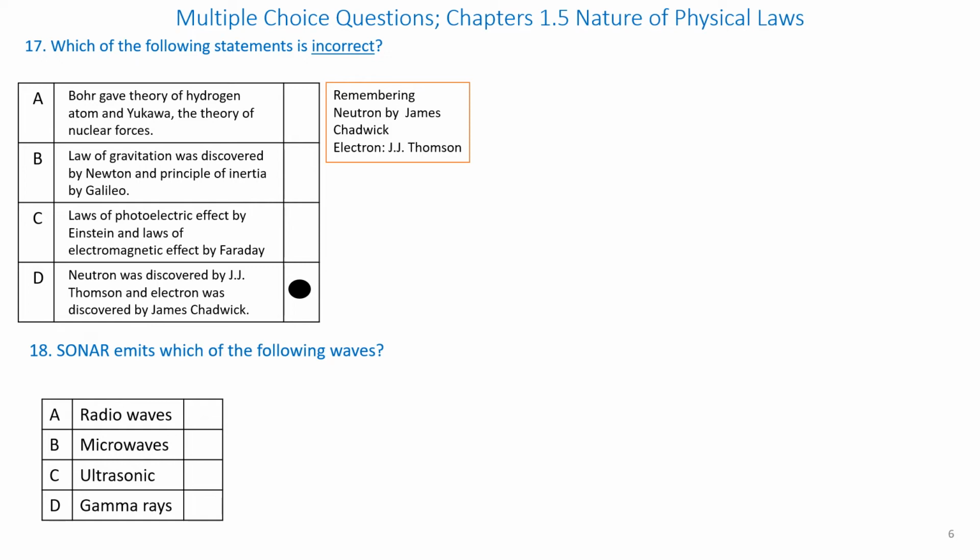Question number 18. Sonar emits which of the following waves? A is radio waves, B is microwaves, C is ultrasonic, and D is gamma rays. So in this choice, only choice C is correct because it deals with sound.